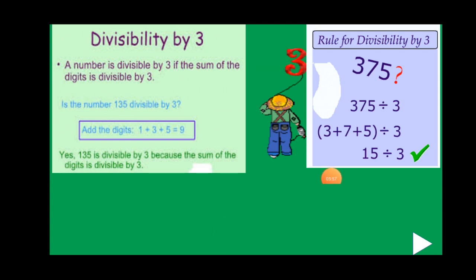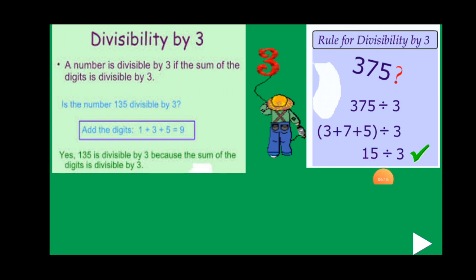We will take all the digits of this given number. You can see here the first digit is 3, whereas its second digit is 7 and its third digit is 5. So when we add all its digits, we have got 15.